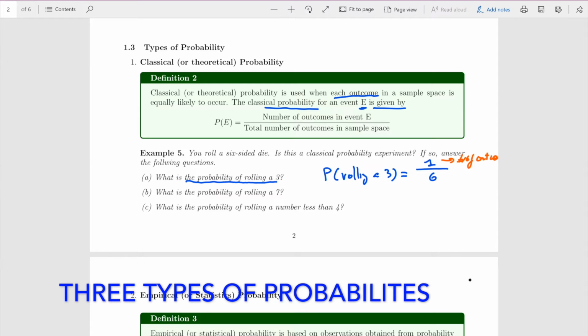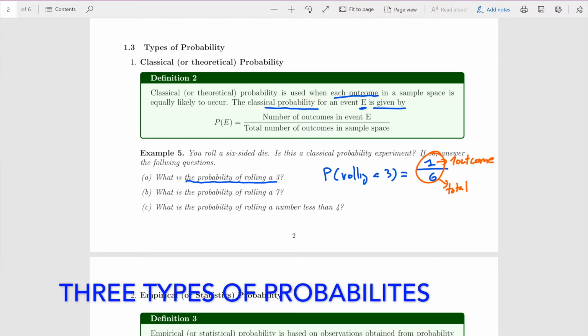This is the number of outcomes in this event, and 6 is the total possible outcomes. Which is getting a 3. All right, so the answer is 1/6.